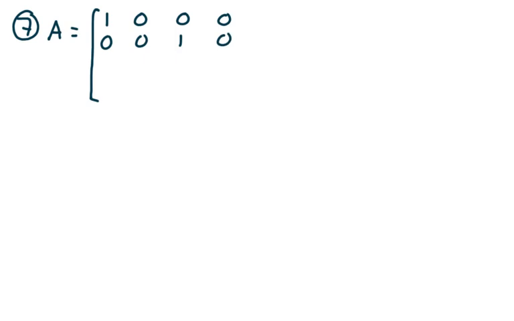Let's take a look at 7. Suppose A is the matrix 1, 0, 0, 0, 0, 0, 1, 0, 0, 1, 0, 0, 0, 0, 0, 1.